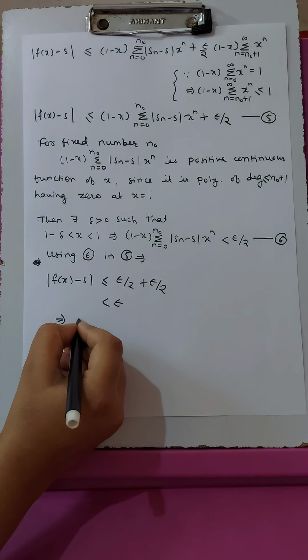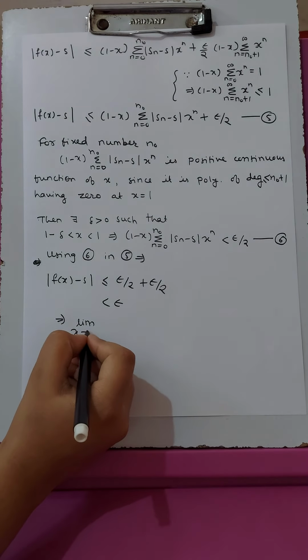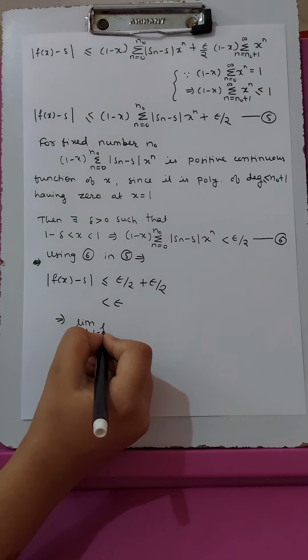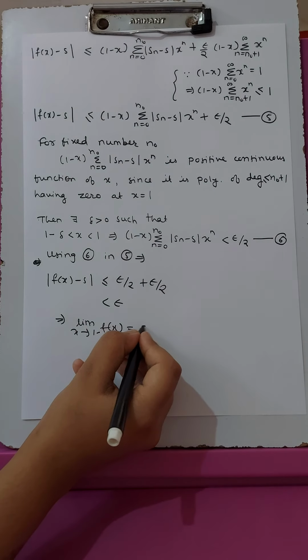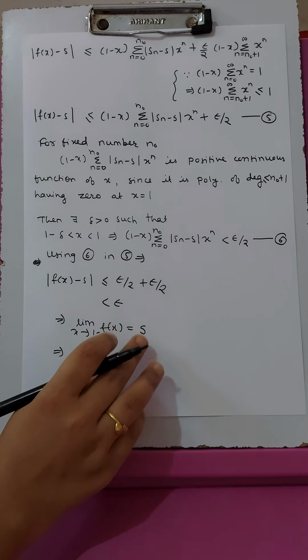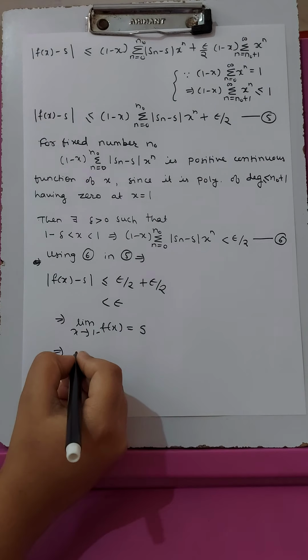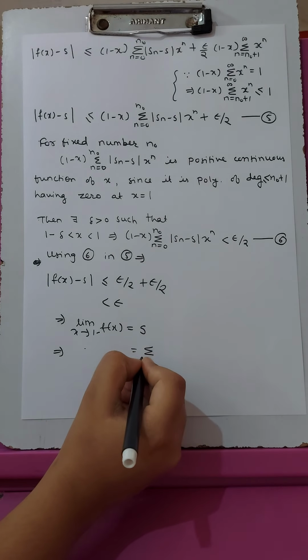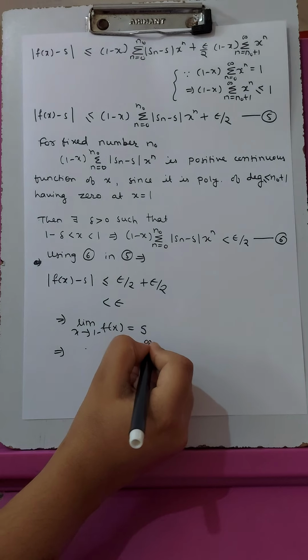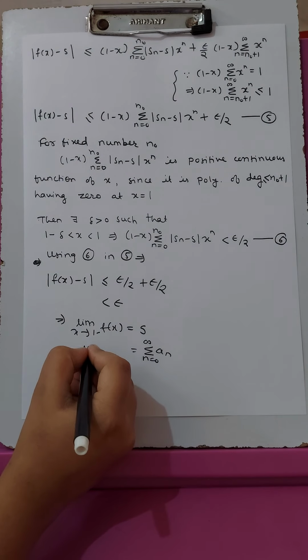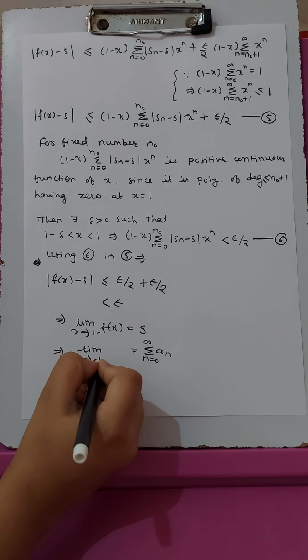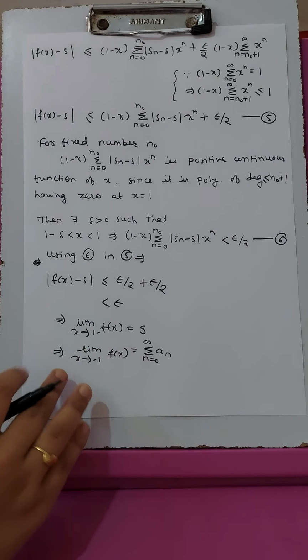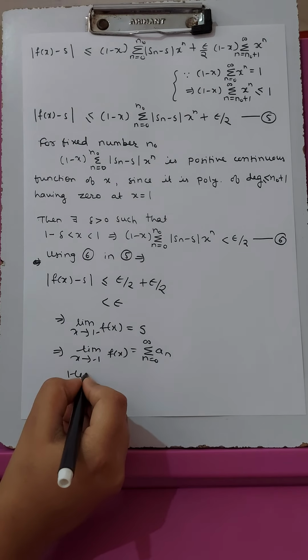This implies that limit x tends to 1 minus f of x is equal to s, and we know that s is equal to summation n from 0 to infinity an. So here we get the final result, and hence Abel's theorem is proved.